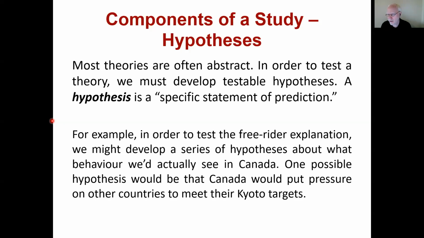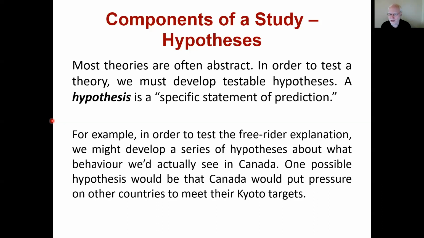One possible hypothesis would be that Canada would put pressure on other countries to meet their Kyoto targets. The free rider explanation is that Canada would know that climate change is important, but also know that if everybody else cuts their emissions, Canada's going to have a better situation, whether Canada cuts its emissions or not.